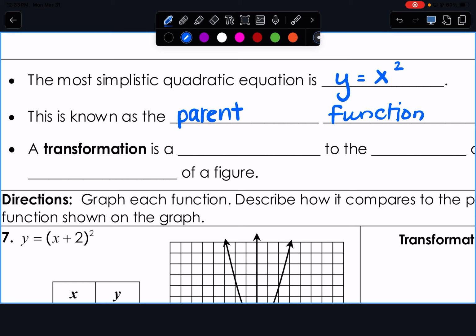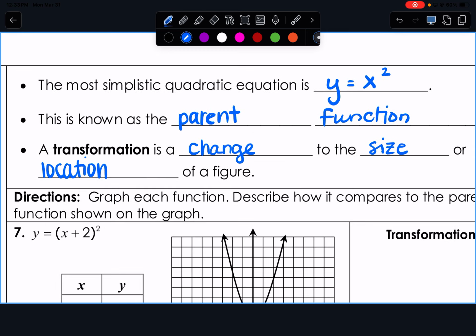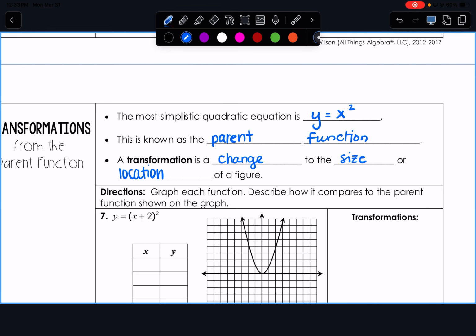So a transformation is a change to the size or location of the figure. We've already been talking about these. All this part wants us to do is formalize it a little bit more.